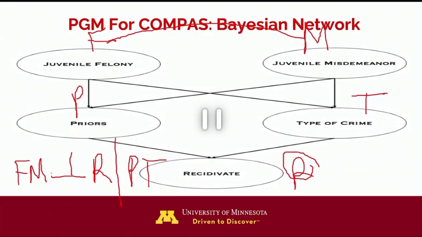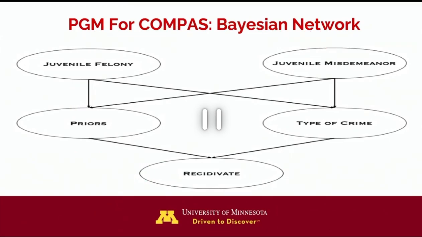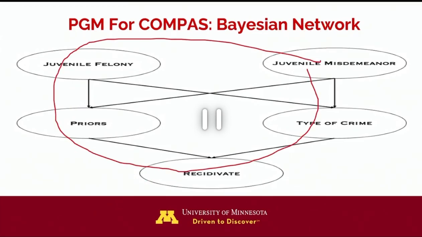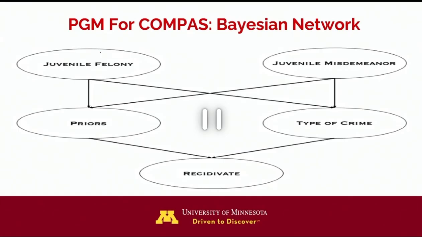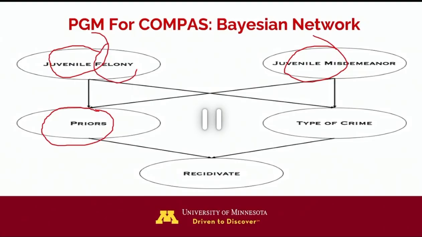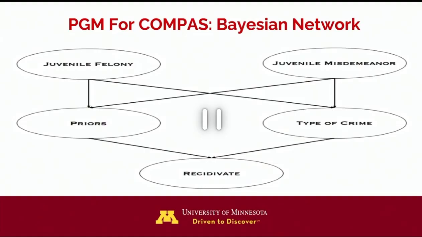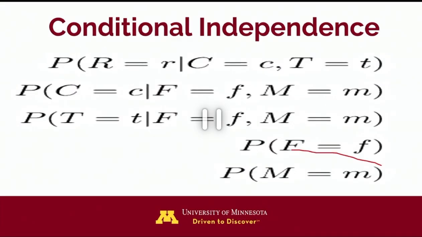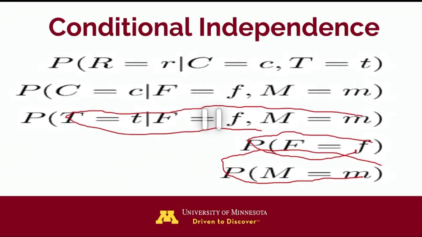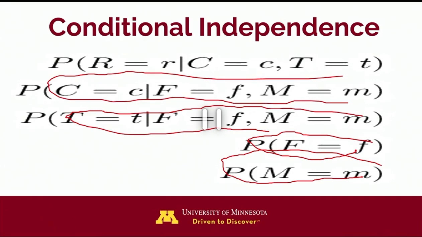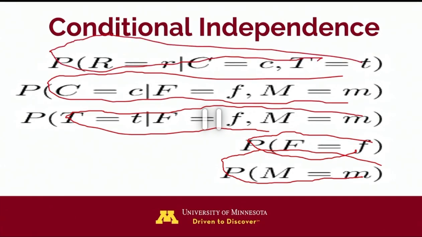If I want to find the joint of all of this, I take the probability of this one standing alone, times the probability of this one given that and that, multiplied by the probability of the next given that and that, and so on. Please pay attention. This is the first one, followed by this one, followed by that one. They multiply themselves.